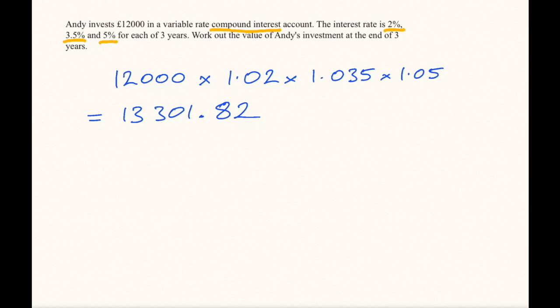If we look at this, you can see that I've taken the original capital of 12,000, I've then multiplied it by the interest rate for the first year, multiplied it again by the interest rate for the second year, and then the interest rate for the final year. And this is actually very similar to part A. On the line before, we converted it to the interest rate to the power 4.